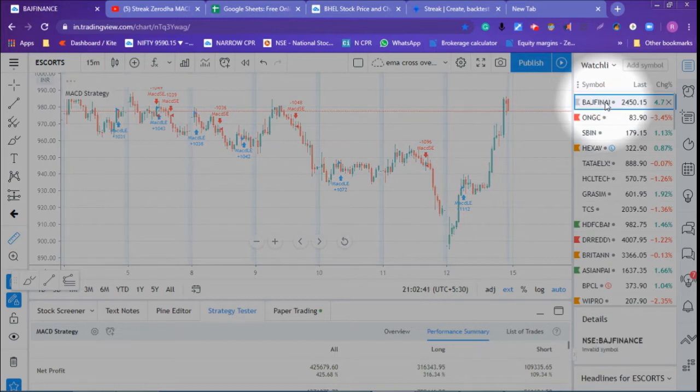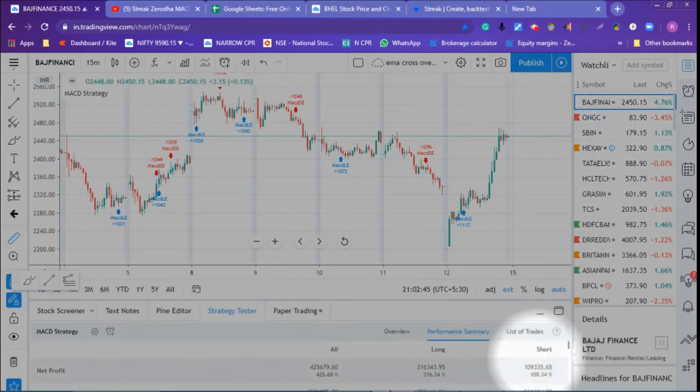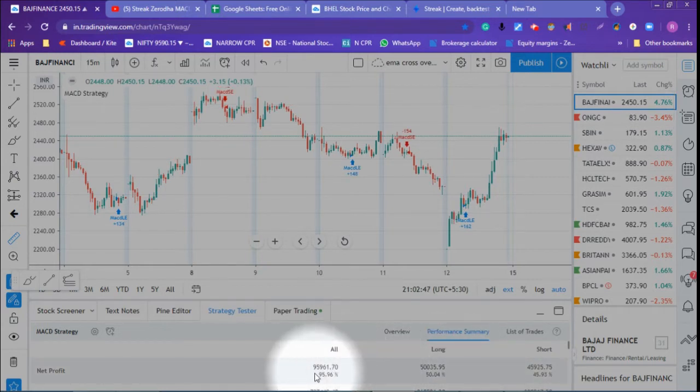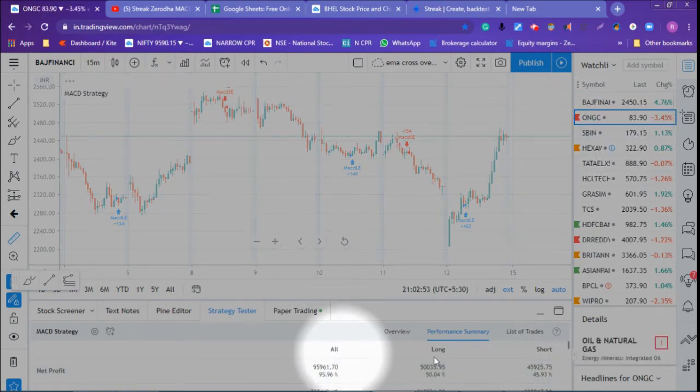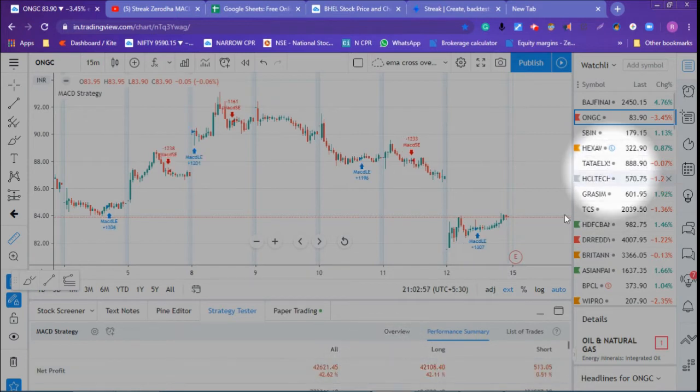What I used to do is scan through every stock to see which stock this is giving a good profit. For example, Bajaj Finance, how much profit it gives, ONGC, how much profit it gives, and so on. Backtesting is so simple on this TradingView website.